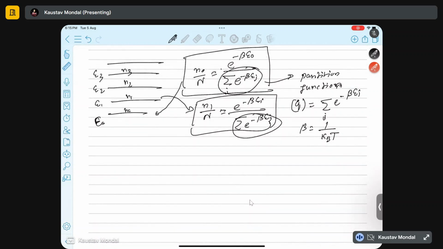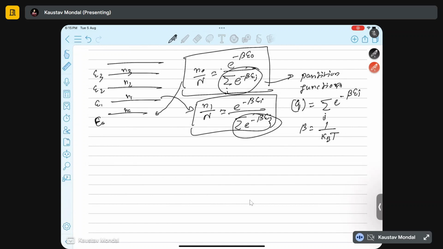When you are dealing with any kind of statistical mechanics system, it is always very useful to calculate the partition function of a system. If you can calculate the partition function, in the later stage we will see that using the partition function you can calculate most of the quantities of a system.